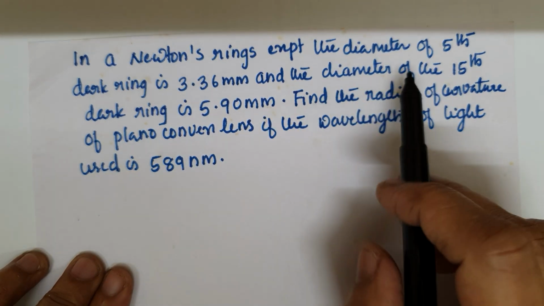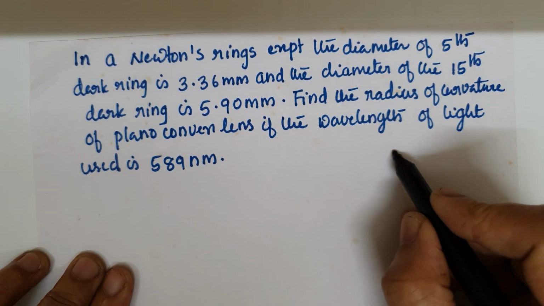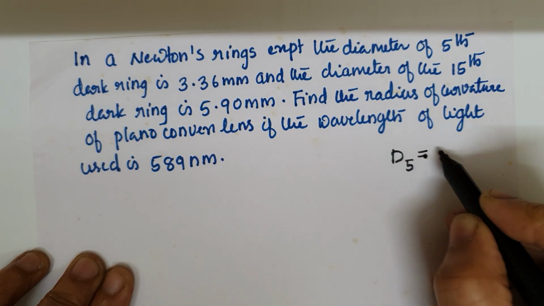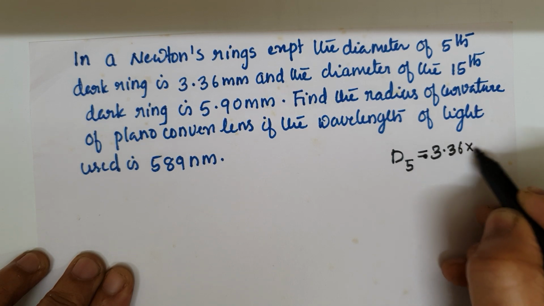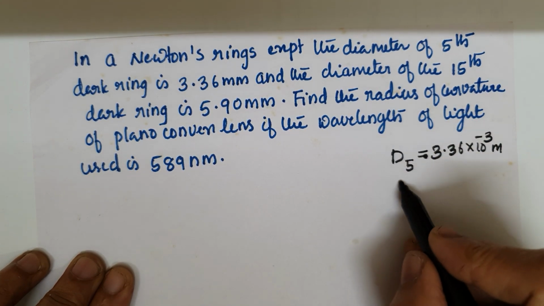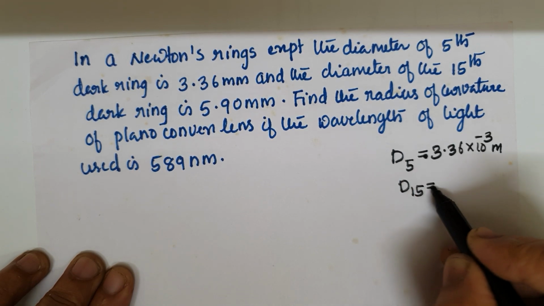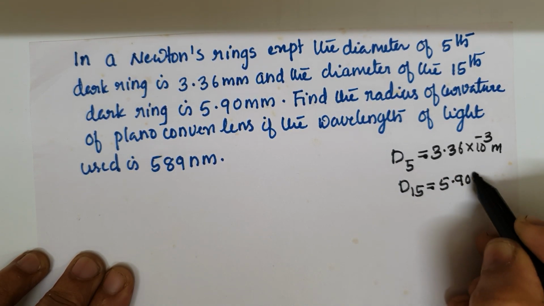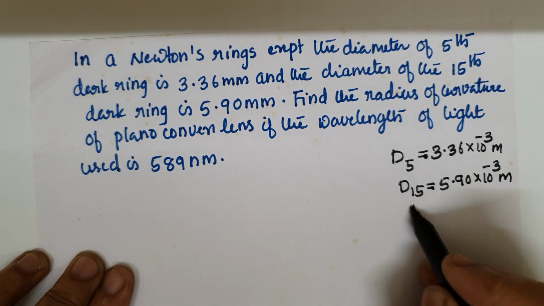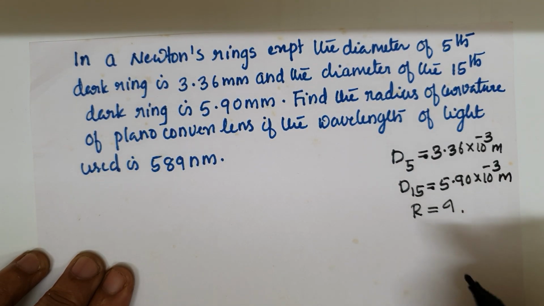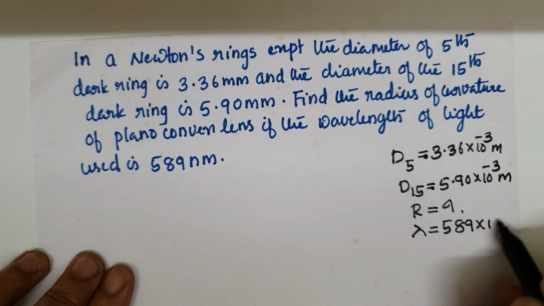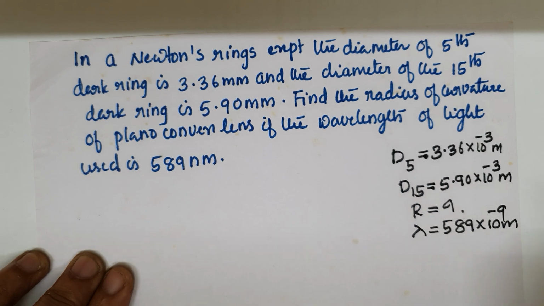That is, the diameter of the fifth dark ring d5 is 3.36 into 10 raised to minus 3 meter, and the 15th dark ring d15 is 5.90 into 10 raised to minus 3 meter. Find the radius of curvature r, where lambda is 589 into 10 raised to minus 9 meter.